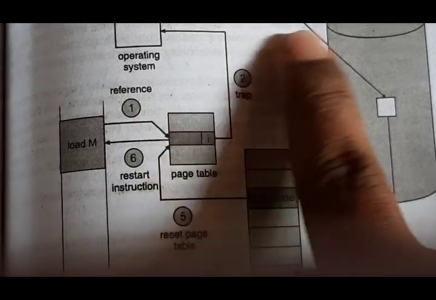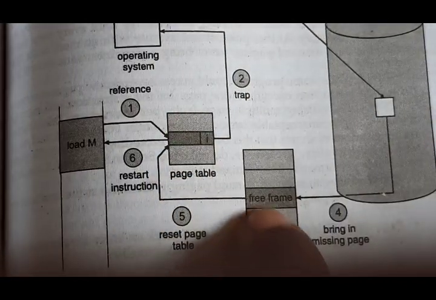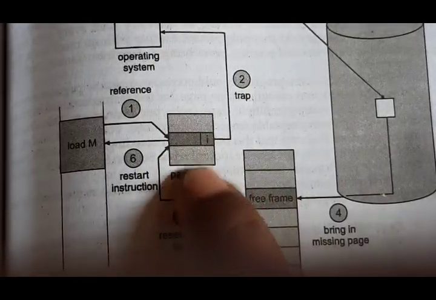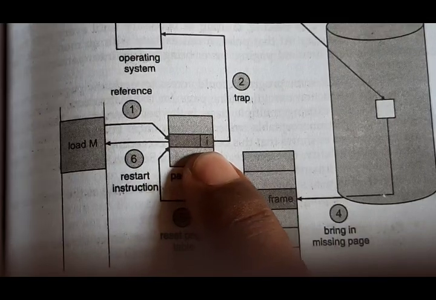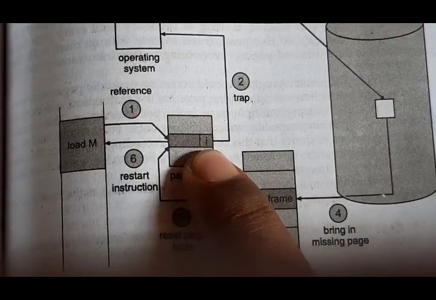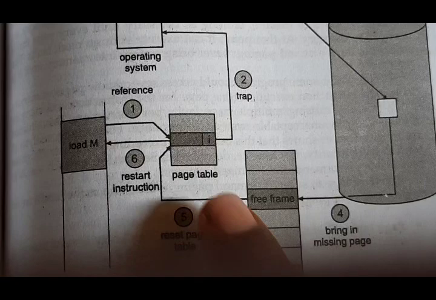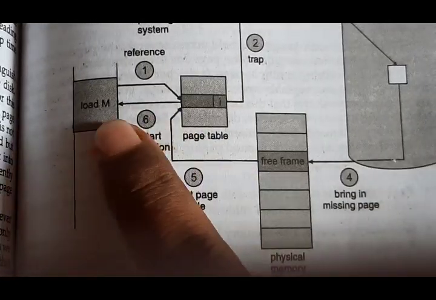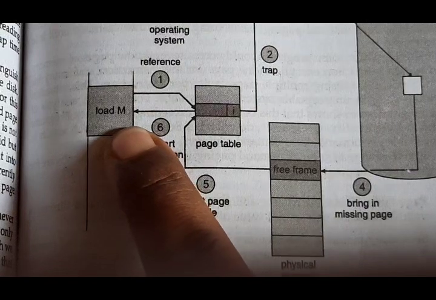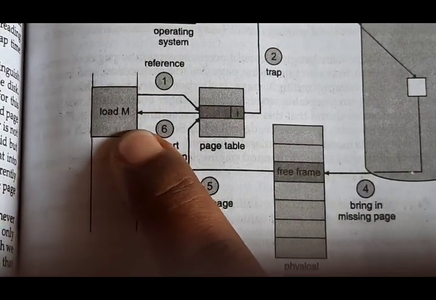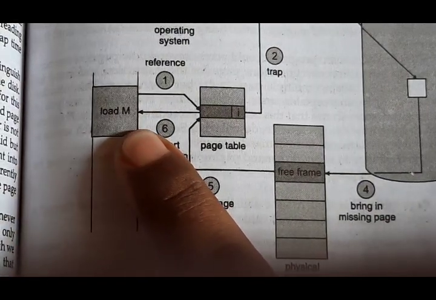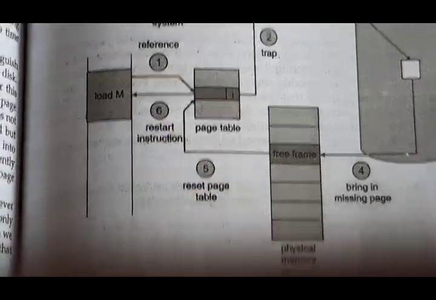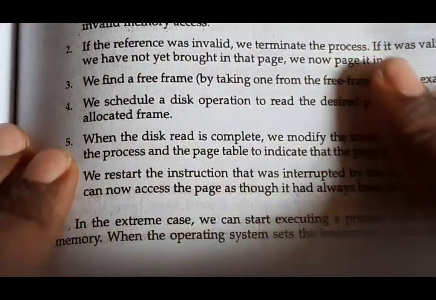When you bring it from disk, in the page table the bit gets set to valid, V. Clear? You have to update that one. Then you have to update the reference string also. These are the very important steps.